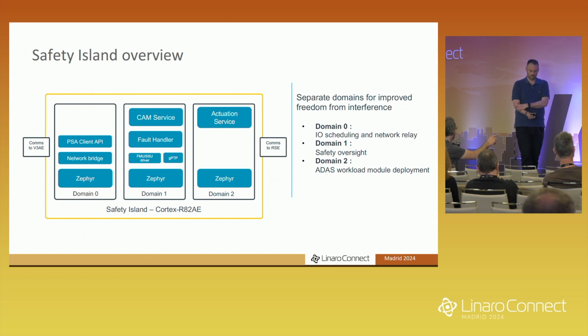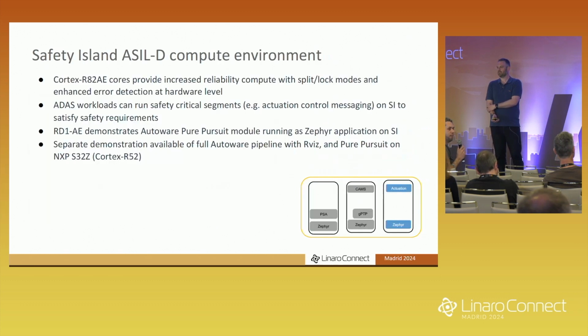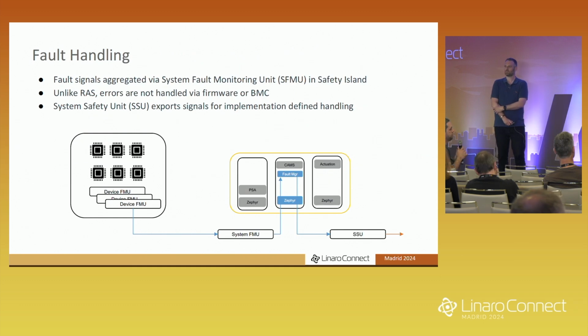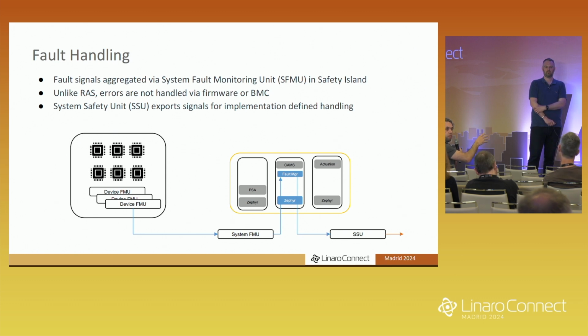Can you go back to the one that shows the FMUs at least? Sure. It's pseudo RAS actually. To be honest, the device FMUs still come from the same components that feed the RAS errors into the application cores. So it's not that you are missing RAS, you are kind of redirecting the RAS into the Cortex-R, because we still want the Cortex-R to be the first one to take it, right?